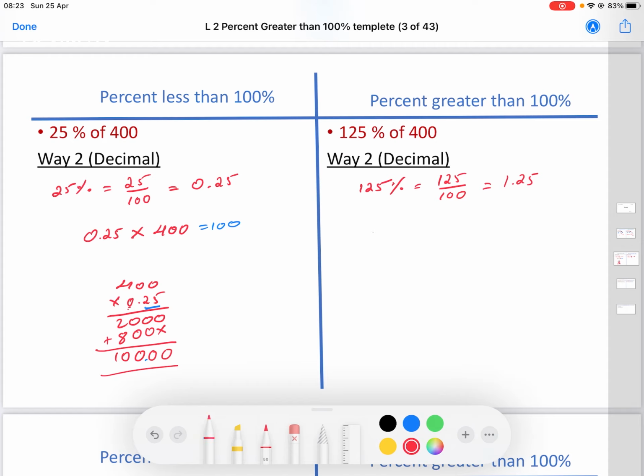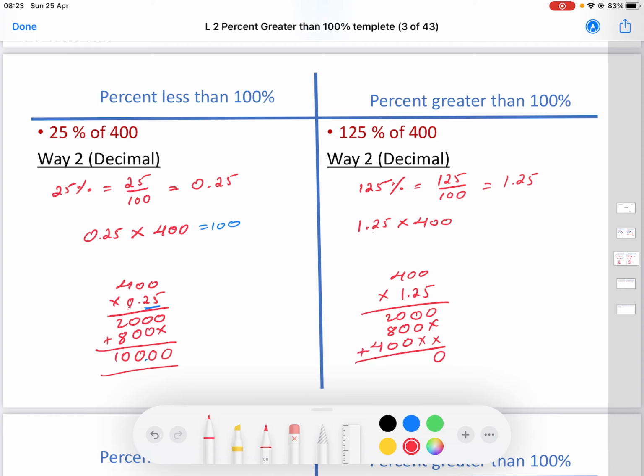Similarly, 125% of 400 can be written as 1.25 times 400. And 400 times 1.25: 5 times 0 is 0, 5 times 0 is 0, 5 times 4 is 20. 2 times 0 is 0, 2 times 0 is 0, 2 times 4 is 8. 1 times 0 is 0, 1 times 0 is 0, and 1 times 4 is 4.